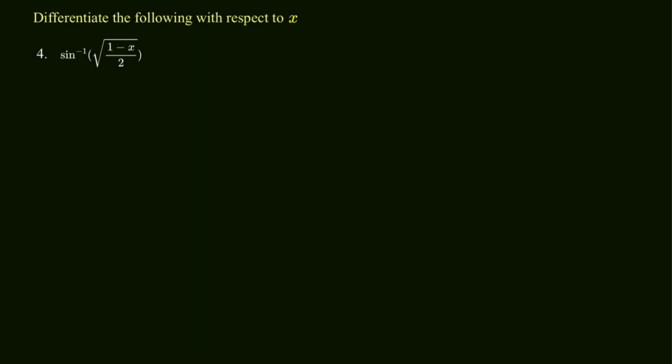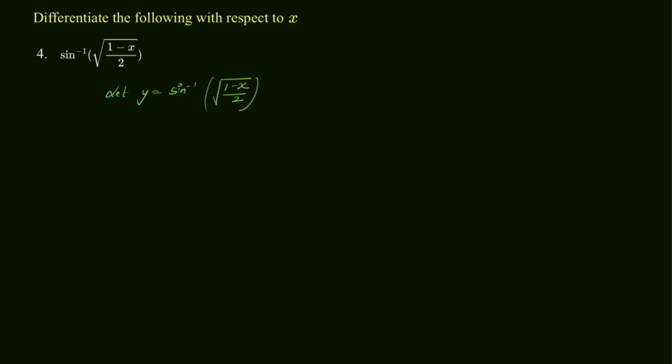Question number 4. So from here the question is a little bit different, because see, inside the sine inverse function there is variable x only. So here we have to assume x as another trigonometrical function. And since there is 1 minus x, it would be better if we assume this x as cos theta, because we have a formula for 1 minus cos theta. So first let us assume y equals sine inverse of root over 1 minus x by 2.